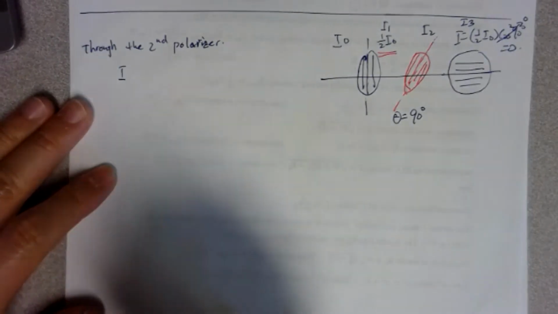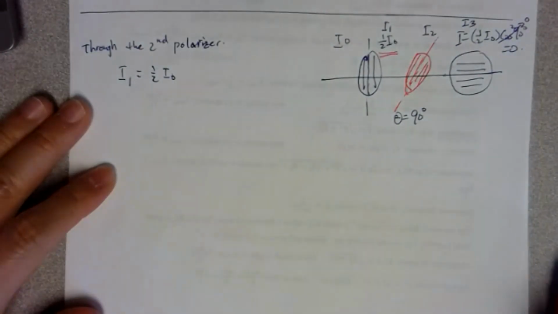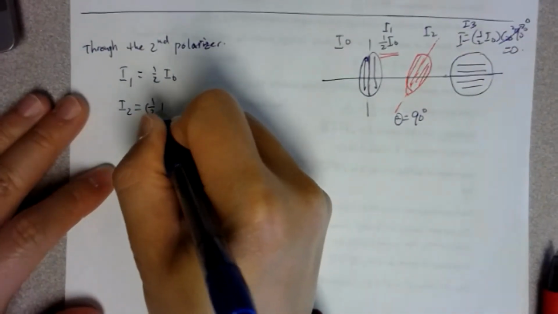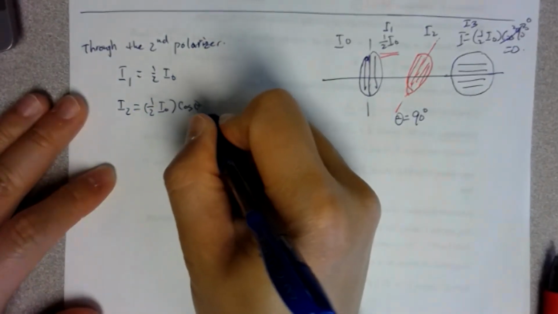Okay, so I1 is still equal to 1/2 of I naught. That's the same, but I2 now becomes 1/2 I naught, which is I1, times cosine theta squared.